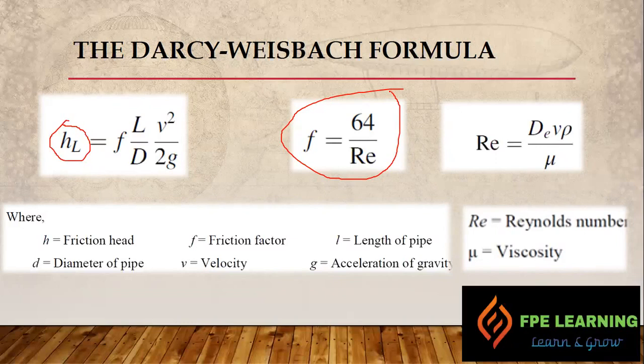Now, to find the frictional factor for laminar flow, we can use the formula Reynolds number equals diameter of the pipe, velocity, and density over viscosity.